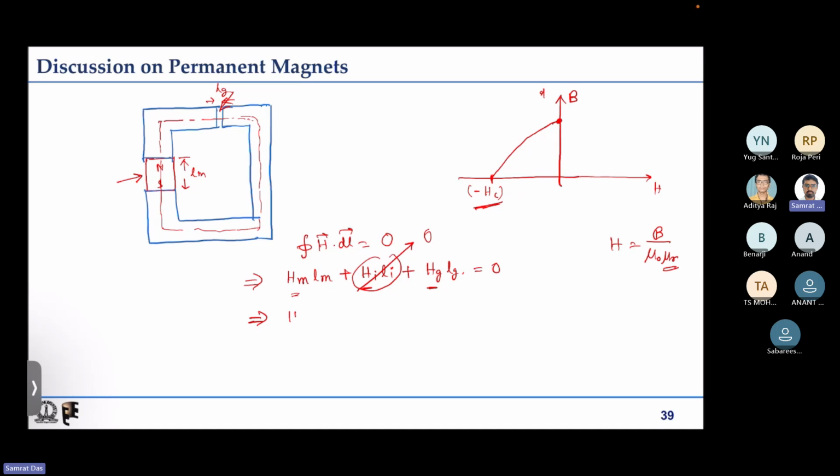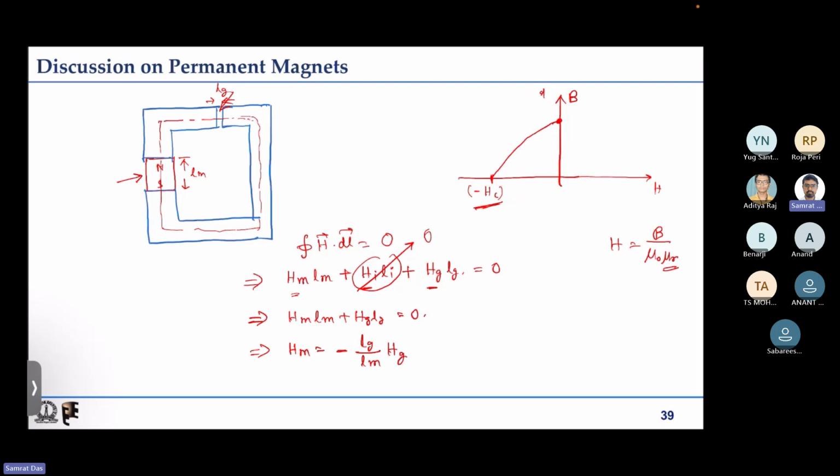So we have Hm into Lm plus Hg into Lg equal to 0. So Hm is equal to minus of Lg by Lm into Hg.